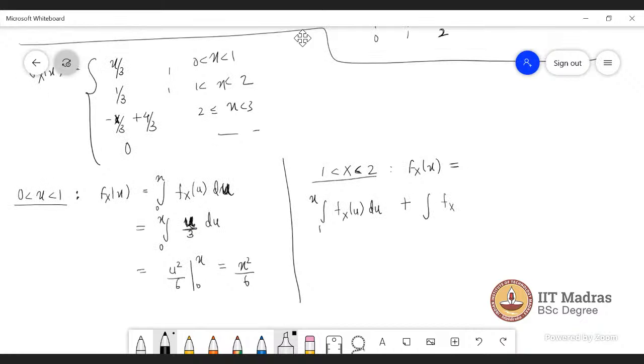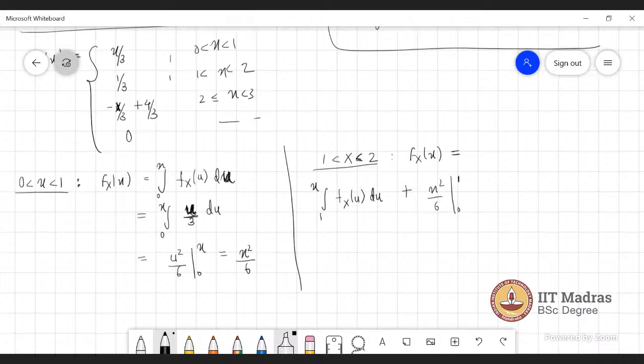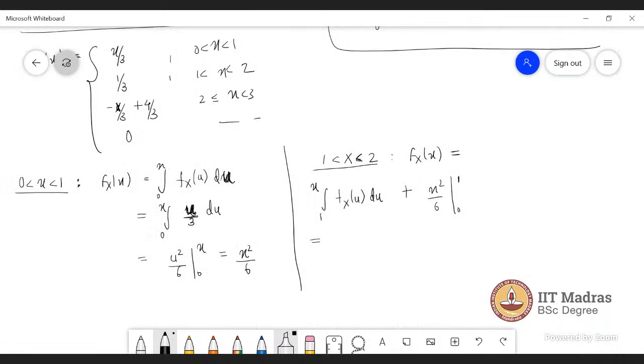We have to add the previous interval because we are directly finding the CDF. Now we don't need to write that integral. If we have obtained x squared by 6, you just take the limit from 0 to 1, and it will be just 1 by 6. So if you solve this integral, we get x minus 1 by 3, and from there it is plus 1 by 6. So this CDF is for x lying between 1 to 2.